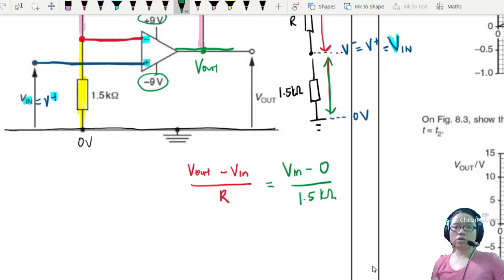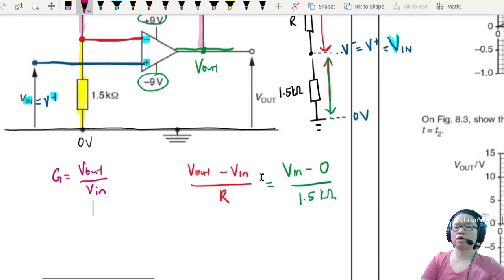Alright, so now what we can do is find the ratio of G, because our G is the ratio of V out over V in. So our purpose here is we want to find the ratio of V out over V in. So we just start cross multiplying and doing all the mathematical magic. All right, so we're going to cross multiply.